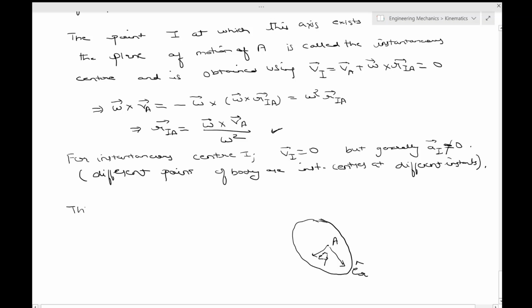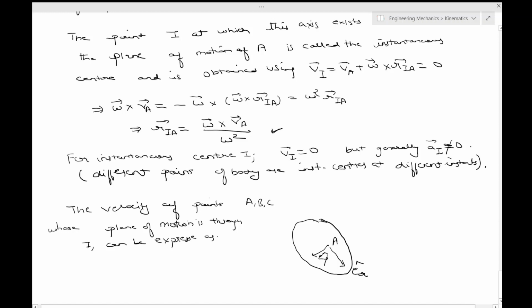Let's see the velocity of points A, B, C, whose plane of motion is through I, can be expressed as, so this is the plane of motion is through I. That's the important part.